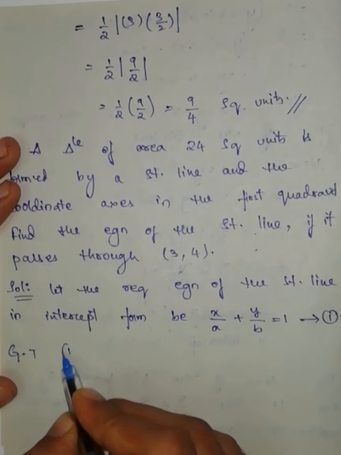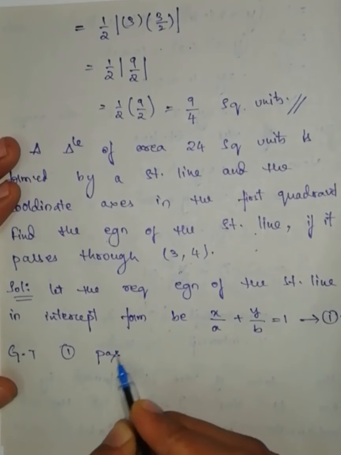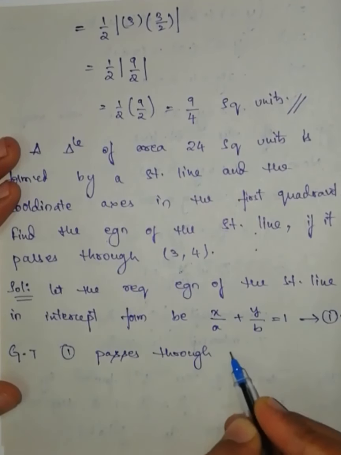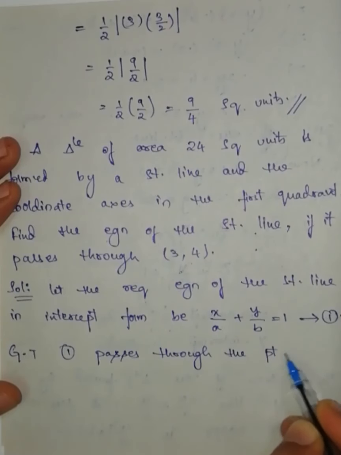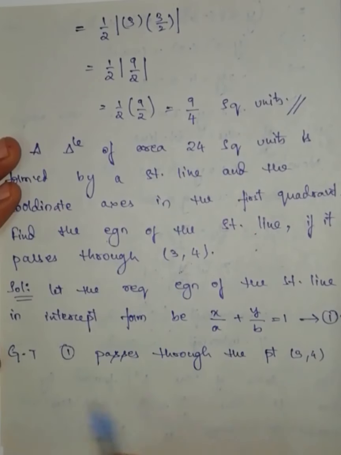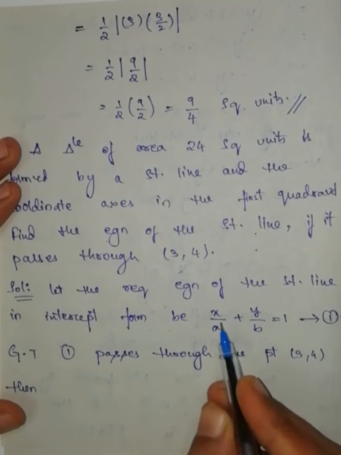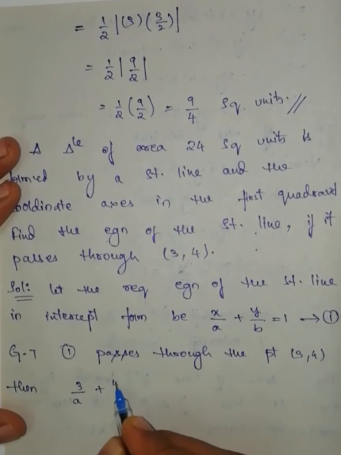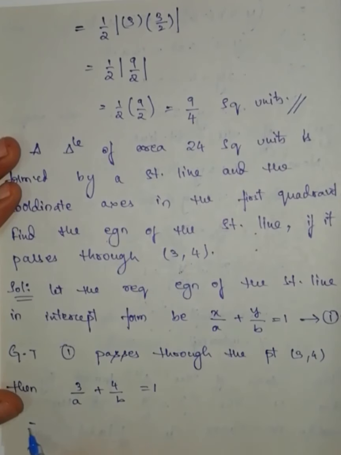Given that the required equation of a straight line, equation 1, passes through the point (3, 4). Then in place of x and y, substitute: 3 by a plus 4 by b is equal to 1. This implies 3 by a is equal to 1 minus 4 by b.